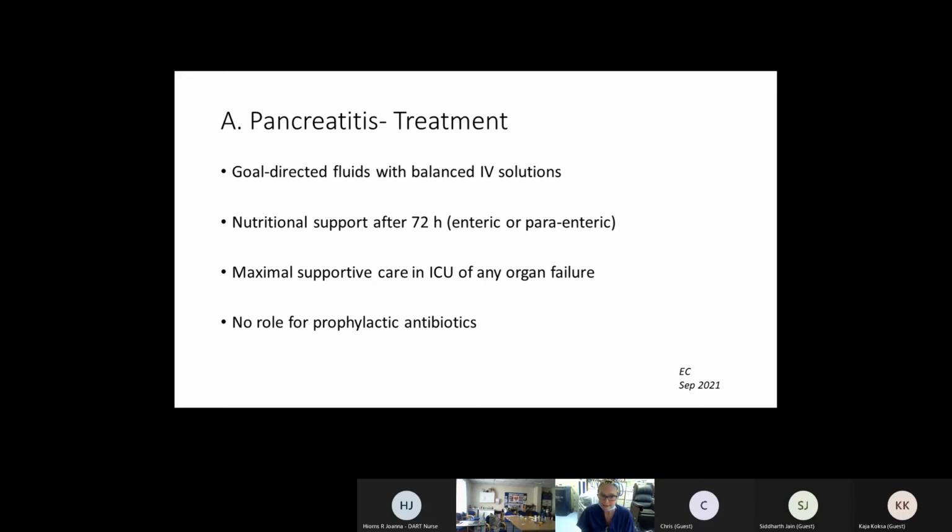Now, more and more we understand that there's no role for prophylactic antibiotics, because acute pancreatitis is not an infection to start with. We should give antibiotics only when we have proof that we have a complication, and it's very frequent to have infectious complications.